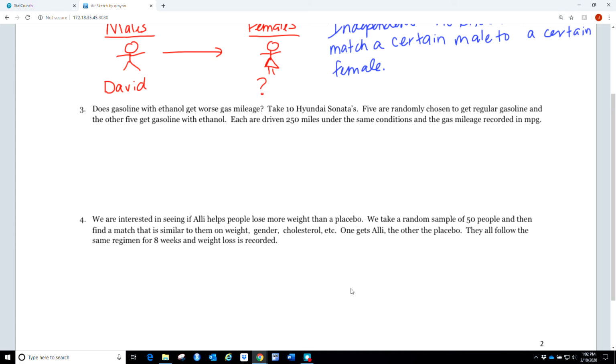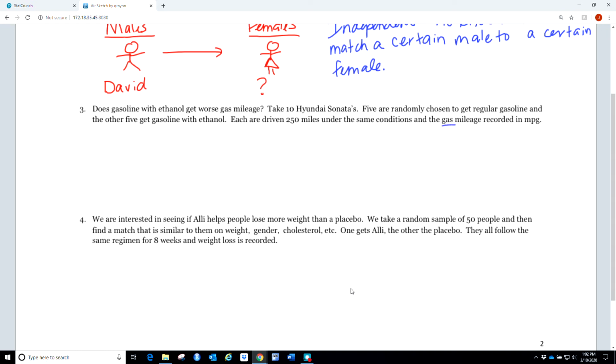So we want to see if gasoline with ethanol gets worse gas mileage. So we took 10 Hyundai Sonatas, 5 of them were randomly chosen to get regular gasoline, and 5 got gasoline with ethanol. Each was driven 250 miles under the same conditions, and we recorded their gas mileage in miles per gallon.